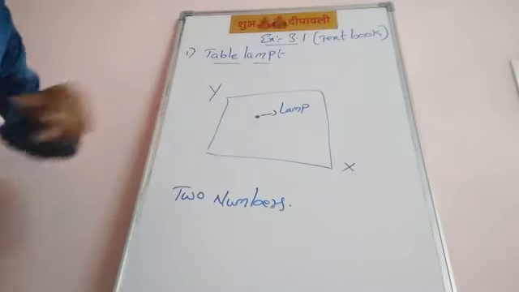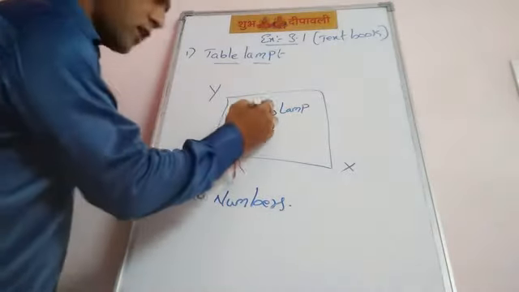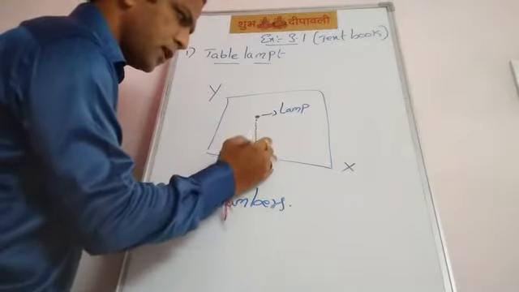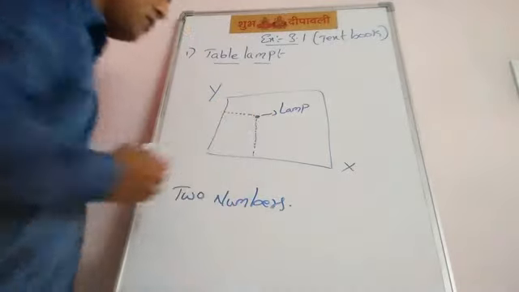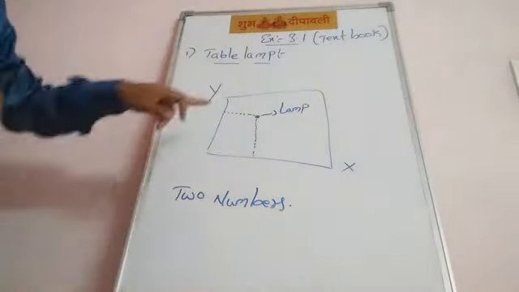To get these two numbers, we draw two perpendiculars to the x-axis and y-axis. In this way we draw a perpendicular line to both the x and y-axis.